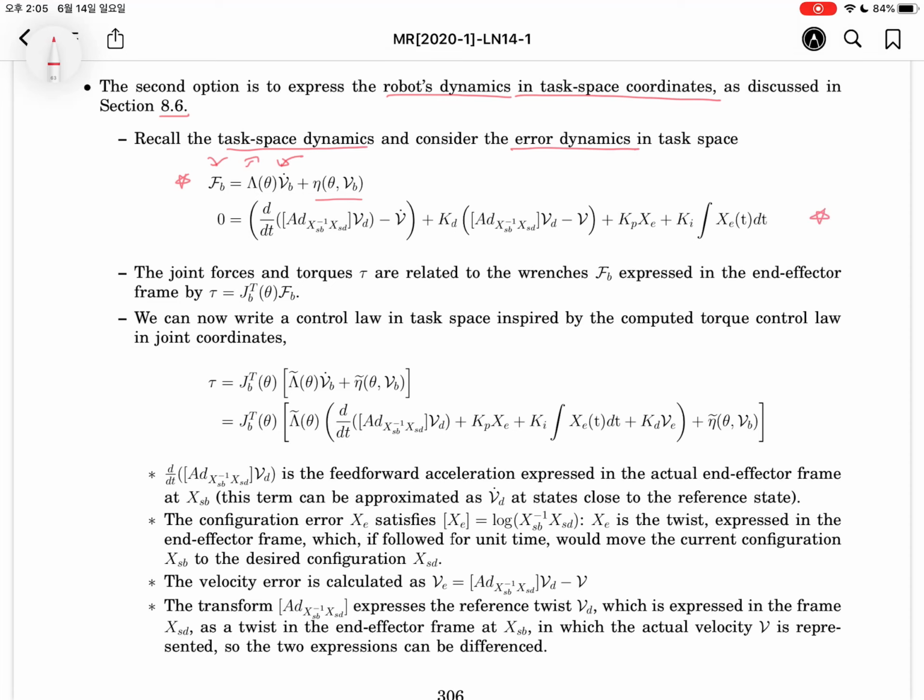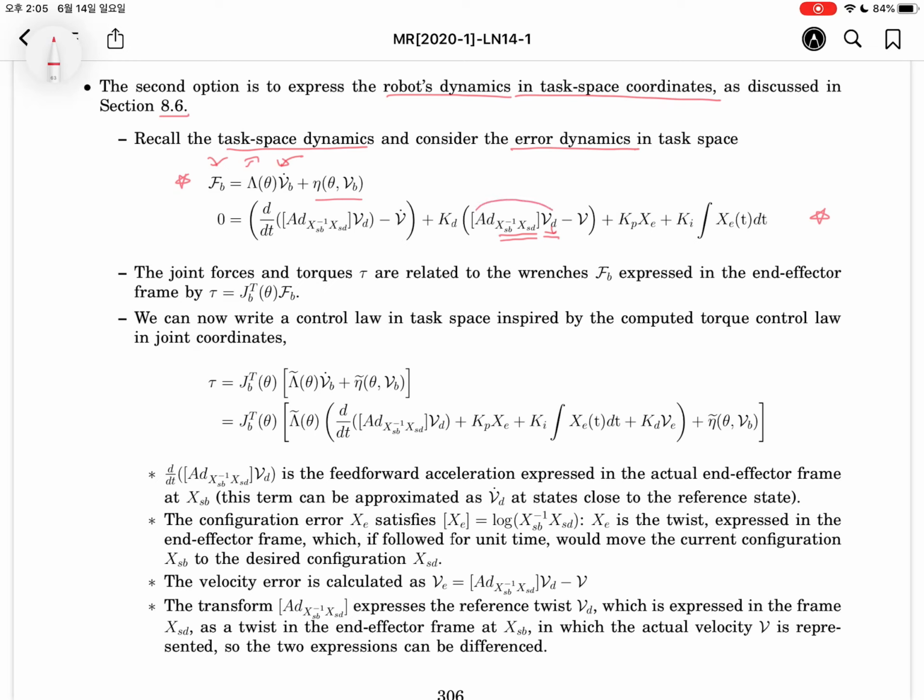Maybe you know that the desired twist should be changed. The coordinate should be changed into the desired to the body, so this adjoint map should be applied. Is it right?